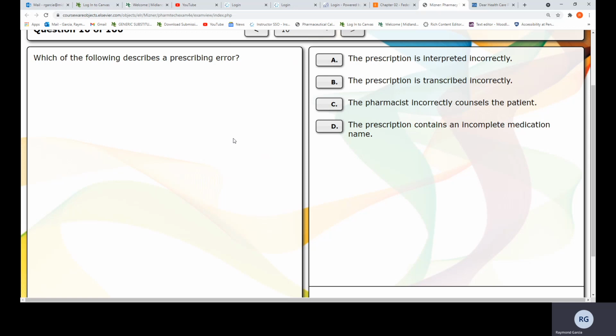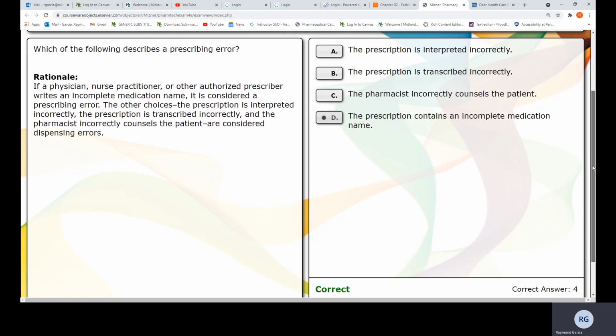The prescription contains an incomplete medication name. Prescribing error. Which one? B.